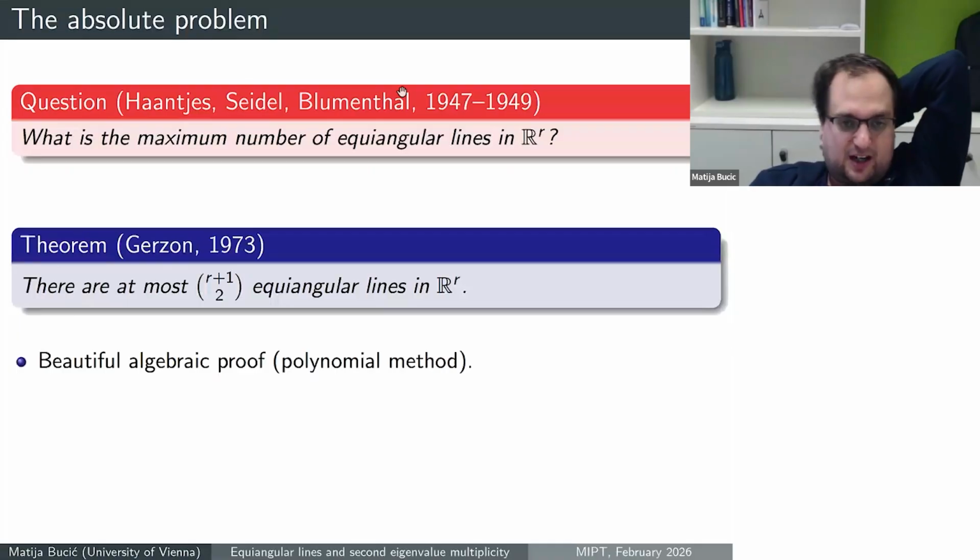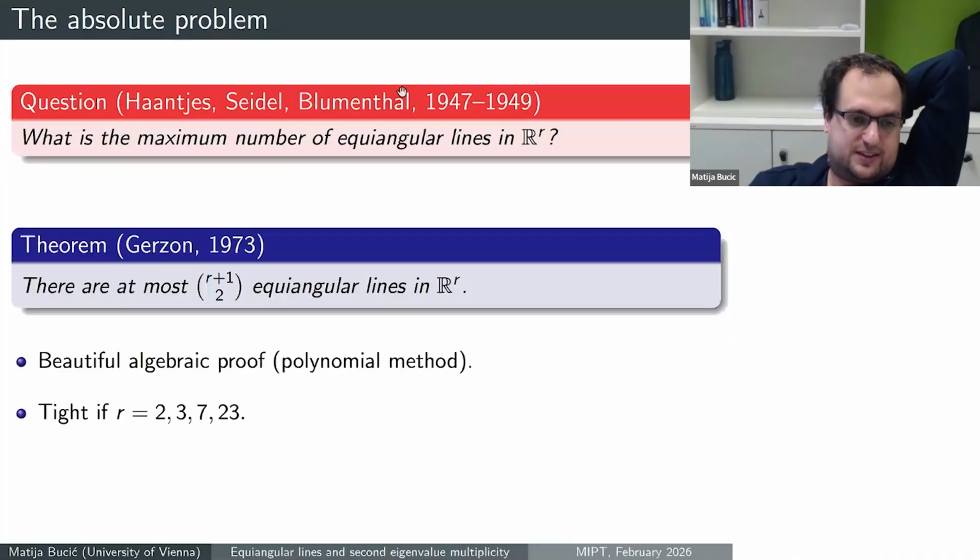So also this r plus 1 choose 2 bound is tight in dimensions 2, 3, 7, and 23. And this sequence of numbers might be a little bit familiar because there is another very famous geometric problem, namely the sphere packing one, where very similar numbers pop up.